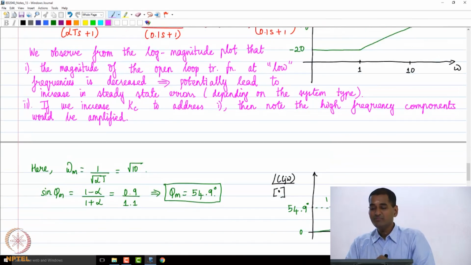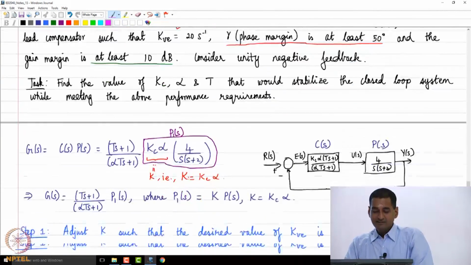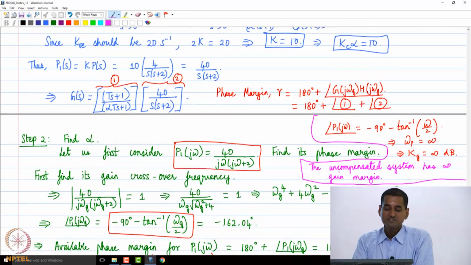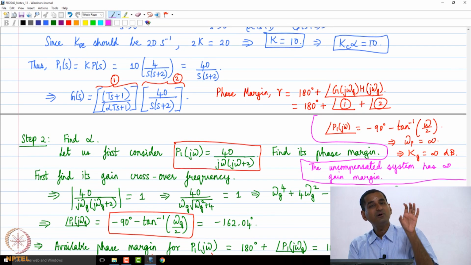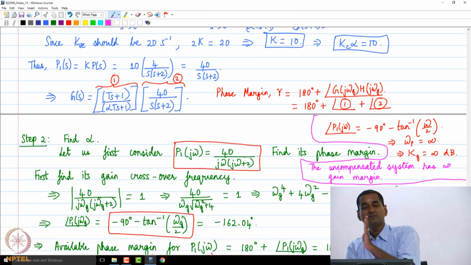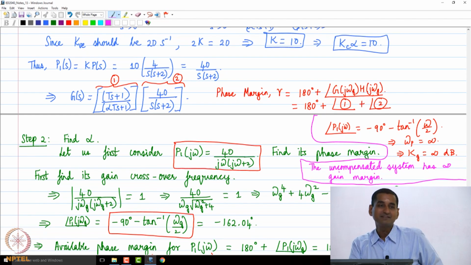So the open loop transfer function, which is now the product of factors 1 and 2, will be influenced by this magnitude of 1, and consequently the gain crossover frequency would be slightly shifted to the right. The gain crossover frequency would increase.